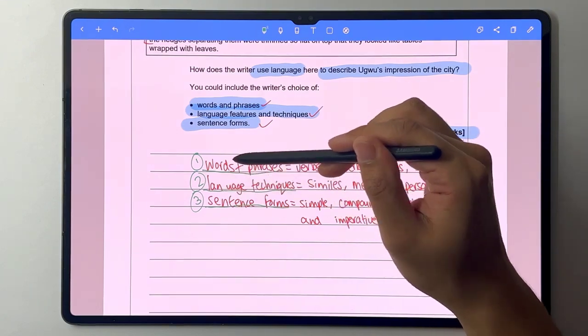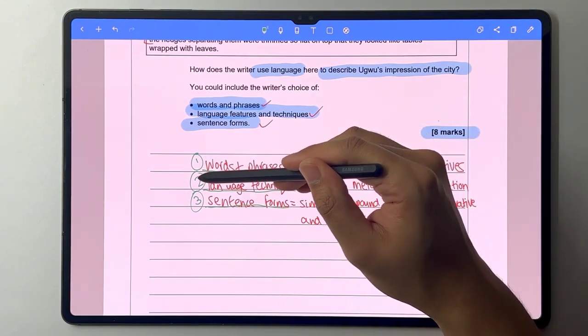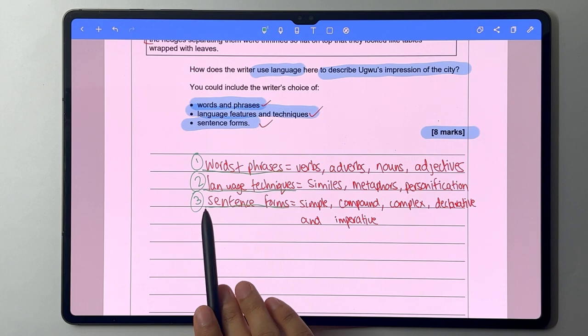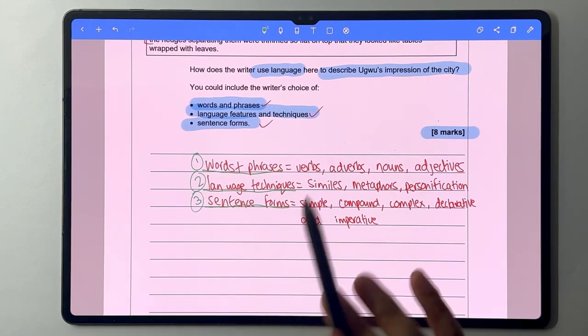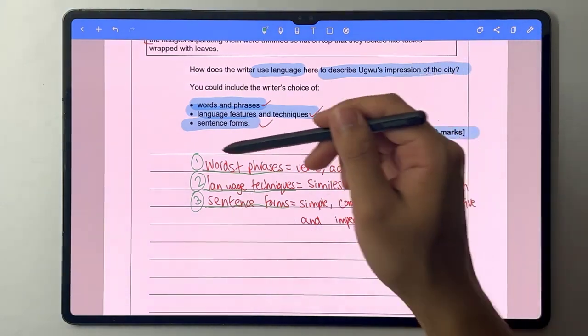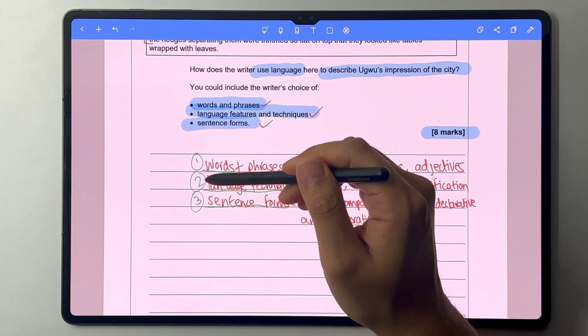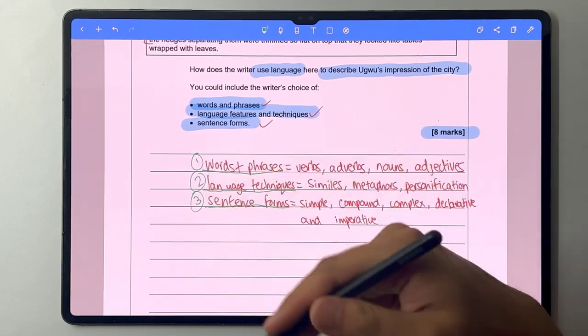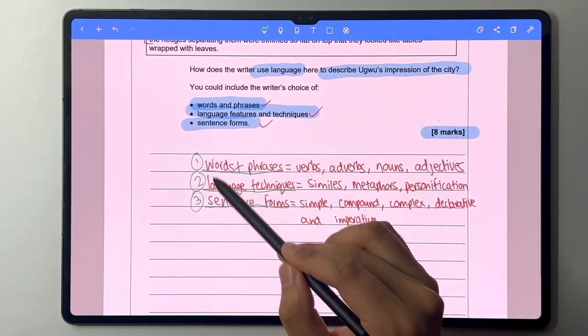Often you will find many examples for 1 and 2, but sometimes students struggle to find examples of number 3. Saying that, it doesn't mean you cannot score the highest mark possible. You can still score full marks by just simply looking at 1 and 2. So every single year within the text, you'll find examples of 1 and 2.